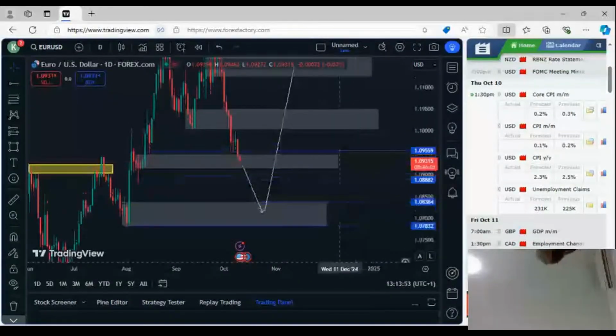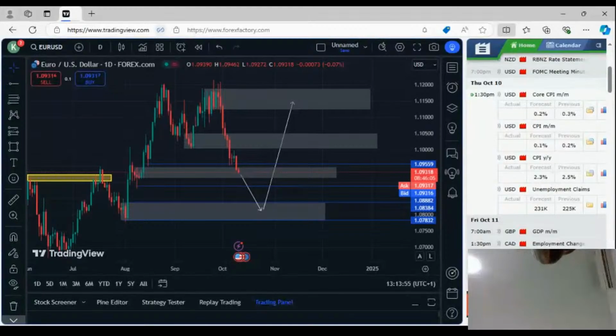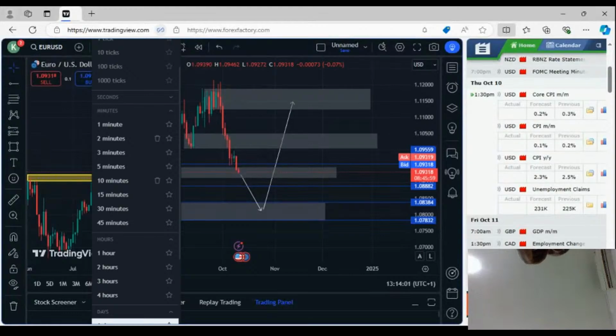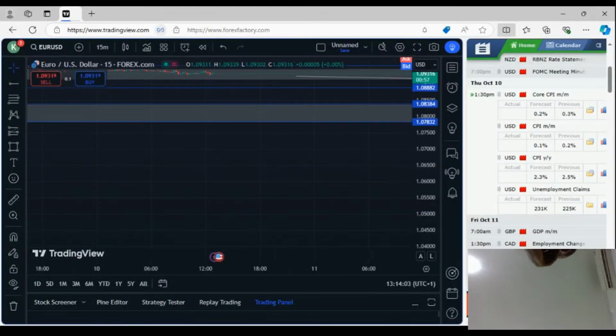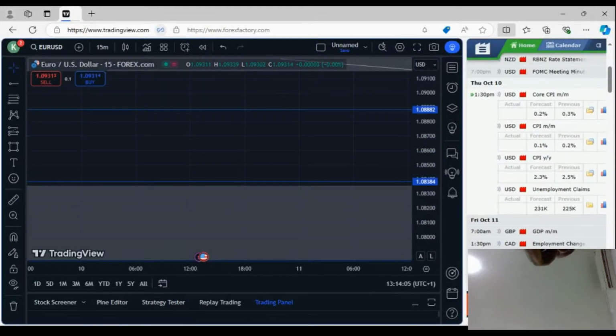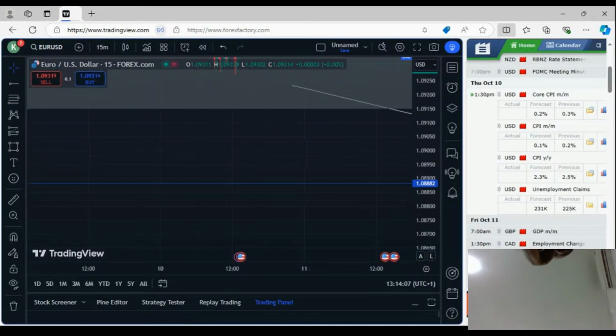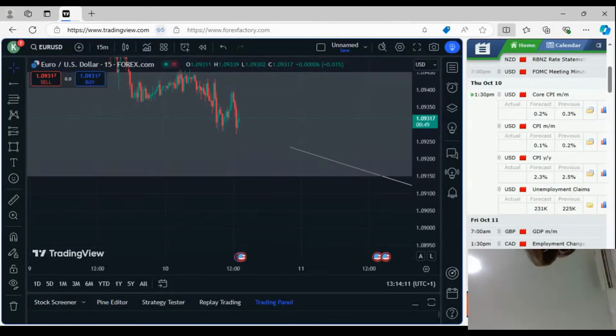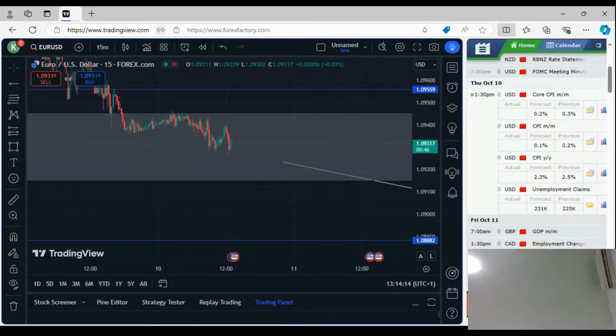I'm anticipating the market to come to this point on the daily charts, but let's see how that goes. So I want to drop this down to the M15 quickly.